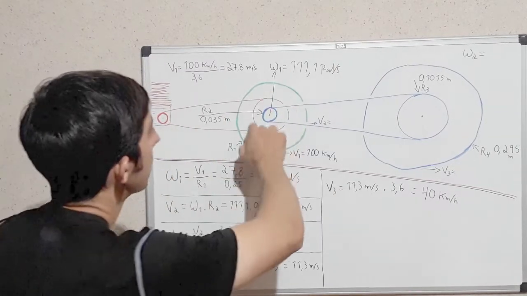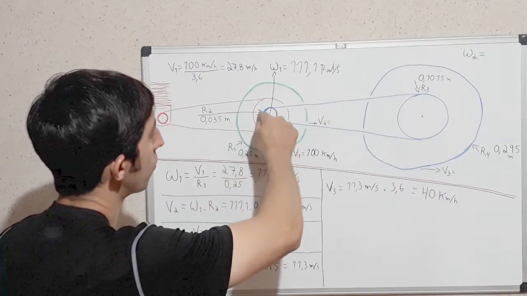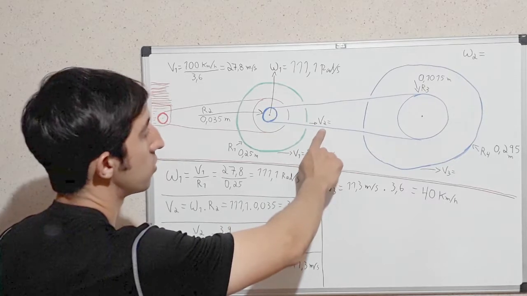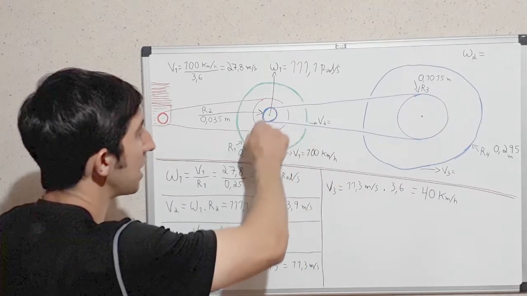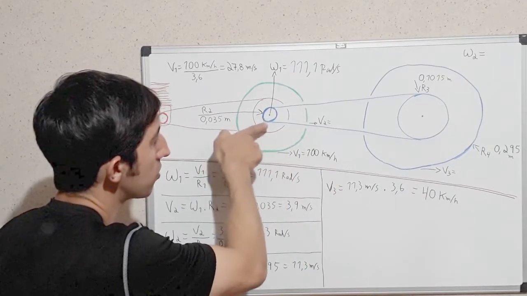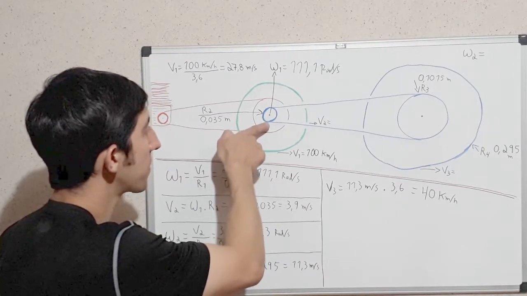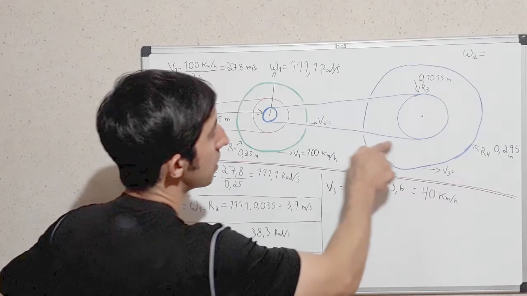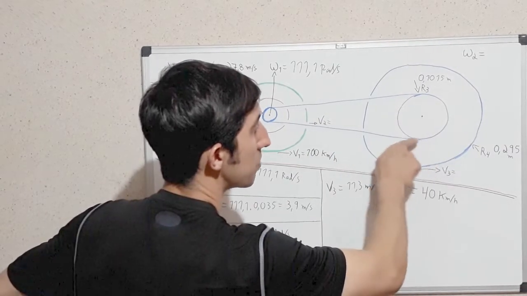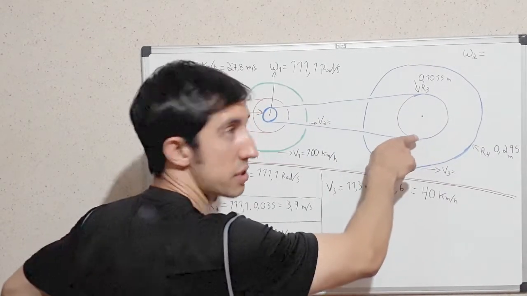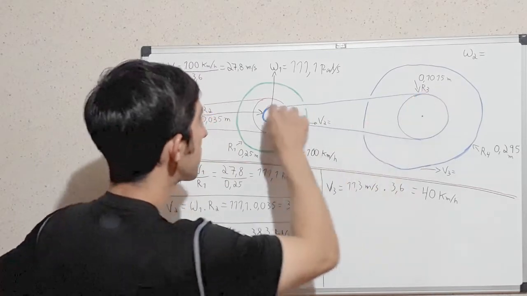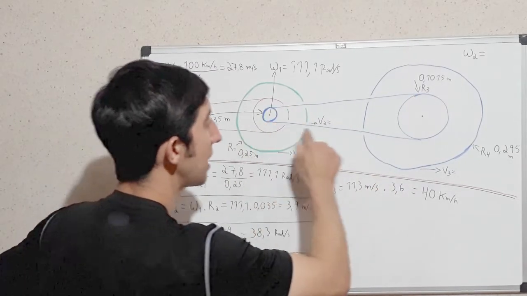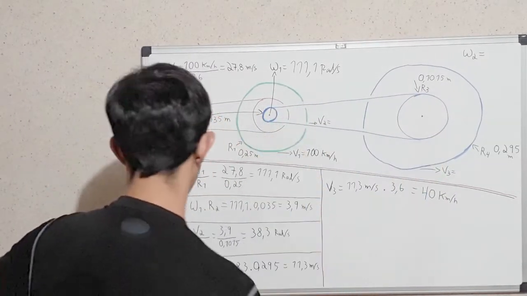Then we need to figure out this V2, which is the speed that travels through the chain here. The speed here is the same as the chain, and of course is the same as the speed of this sprocket here. It's a different size, but the speed is the same.